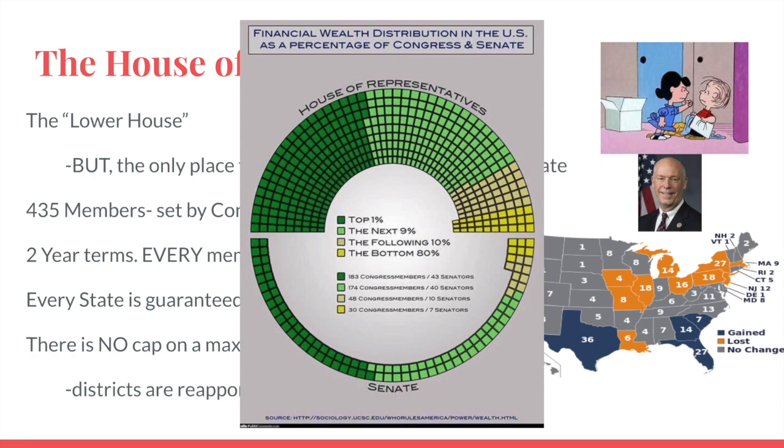And granted, we'll talk about what they make in a little bit, but that also factors in family wealth, companies that their spouses own, all that stuff. And then the bottom 80%, again, only 30 people there. So the House, and as you can see with the Senate as well, largely wealthy folks because it's expensive to run for office.